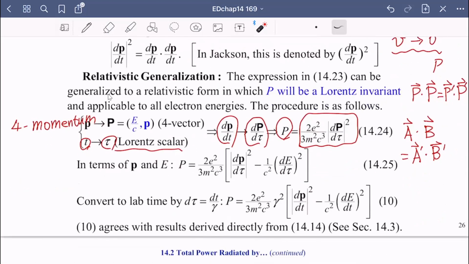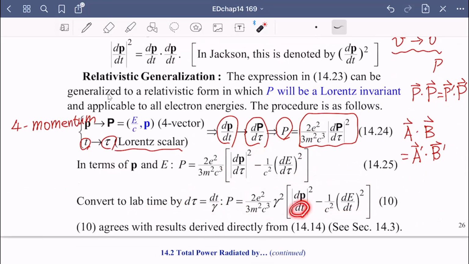And this equation, d tau, we change to our lab frame. Lab frame is this one, time dilation. Okay, so this is the frame converted to the lab frame.